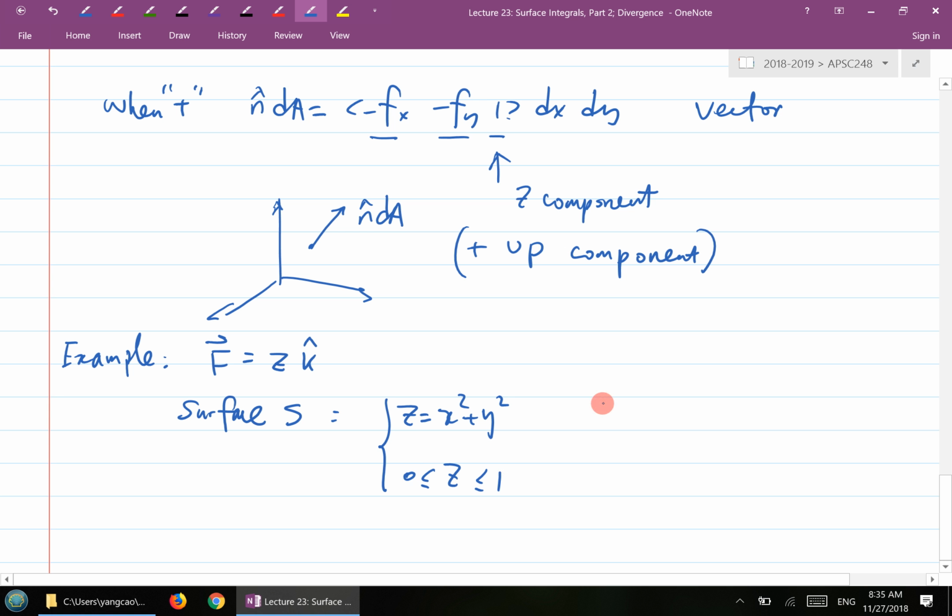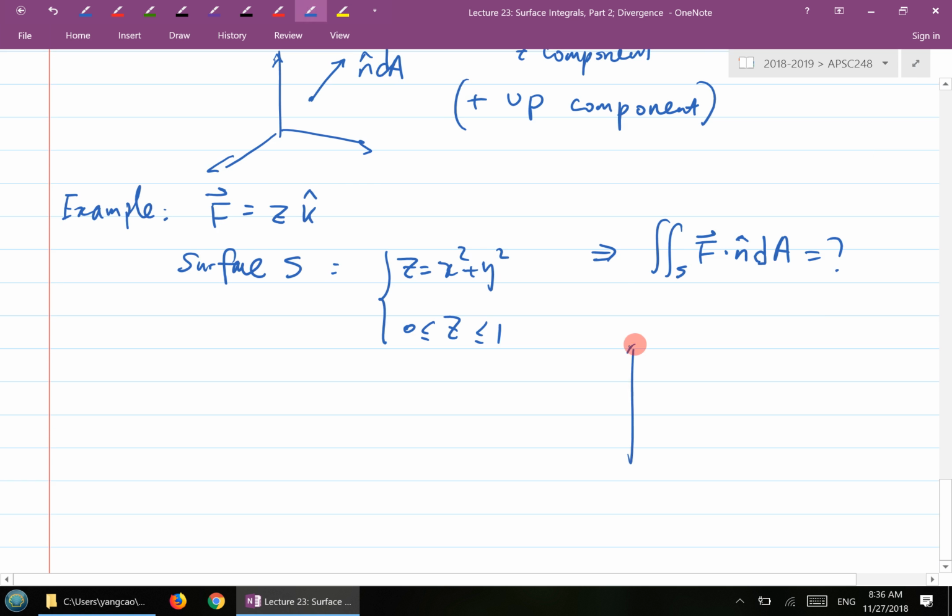Then we want to calculate the surface integral over this surface. So what's the net flux over this surface here?